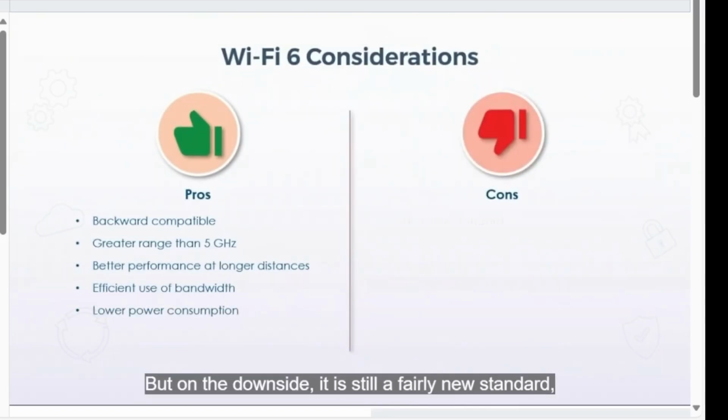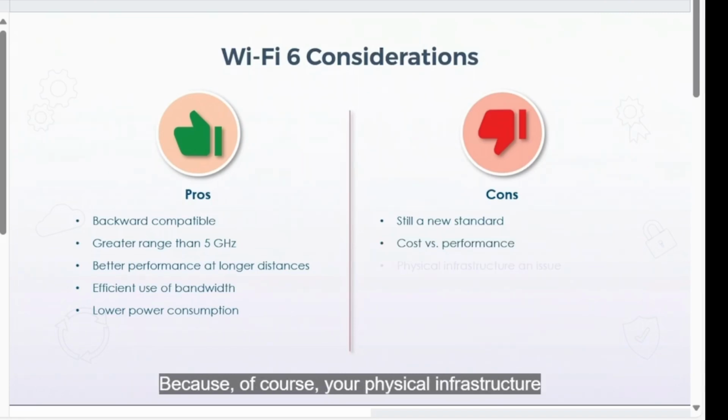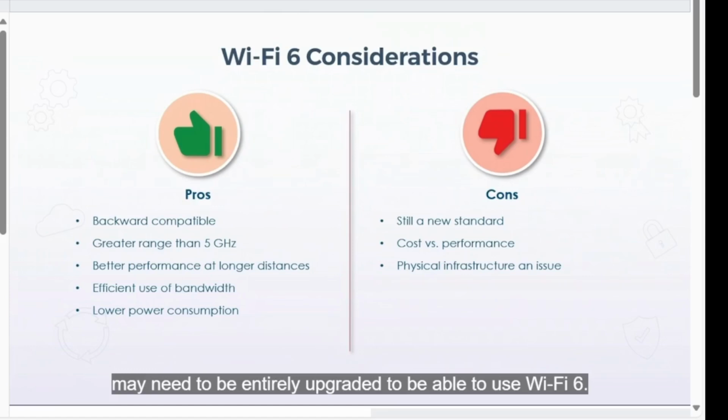But on the downside, it is still a fairly new standard, so a lot of devices may need to be upgraded, which introduces the consideration of cost versus performance, because of course your physical infrastructure may need to be entirely upgraded to be able to use Wi-Fi 6.